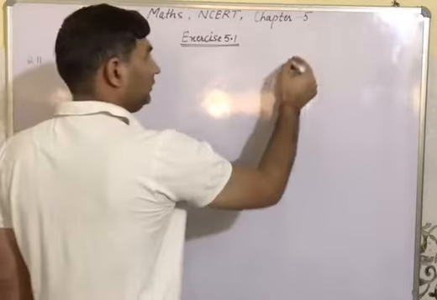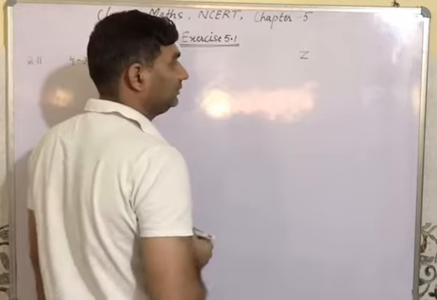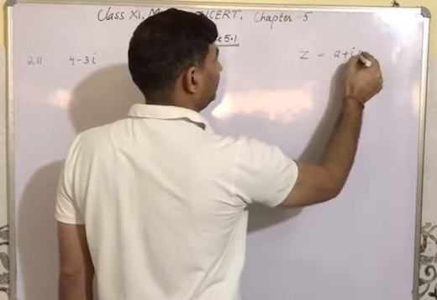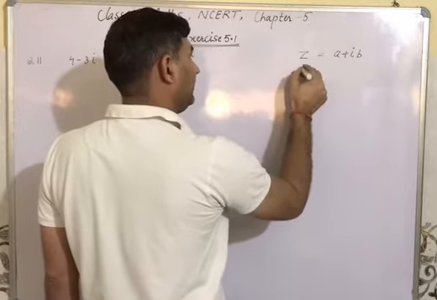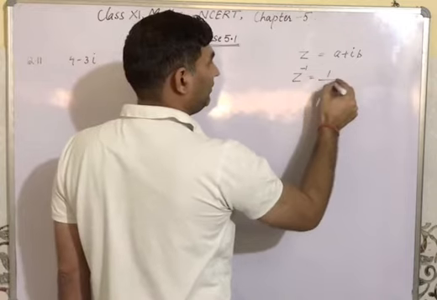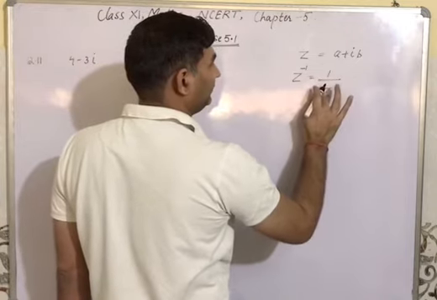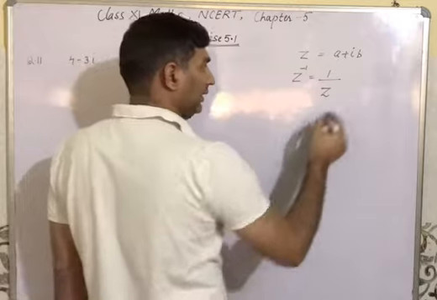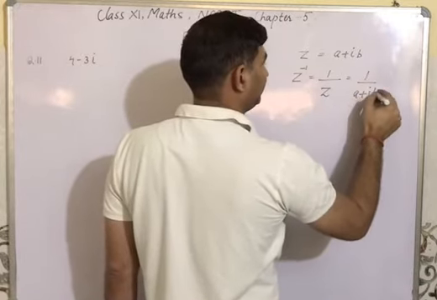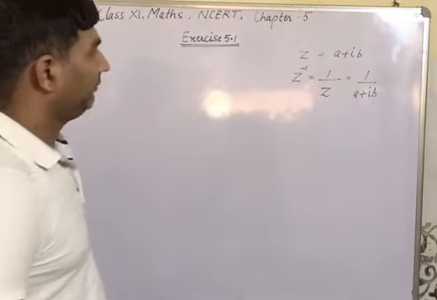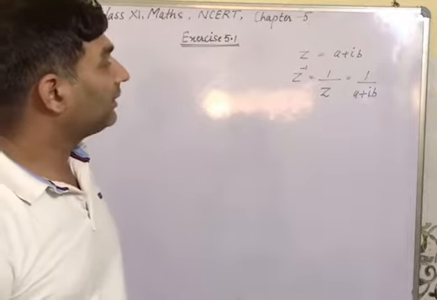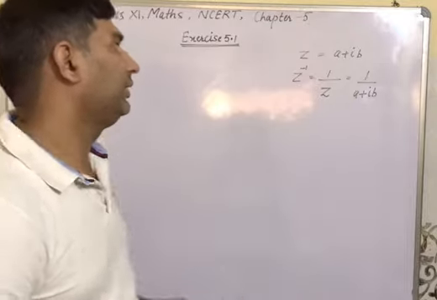Like z is a complex number, a plus iota b, and find z inverse. And what is z inverse? Z inverse is 1 by z. We can write this as 1 by a plus iota b. And find their conjugate and multiply the numerator and denominator by the conjugate. And what is the conjugate?